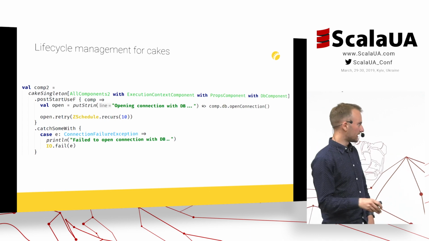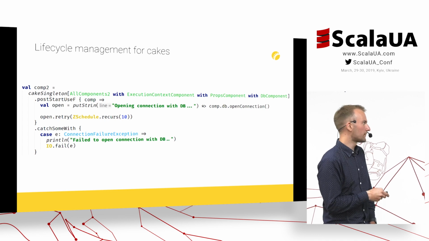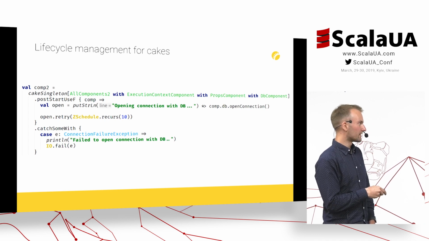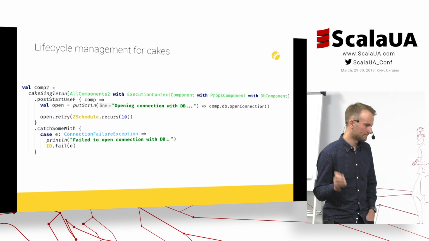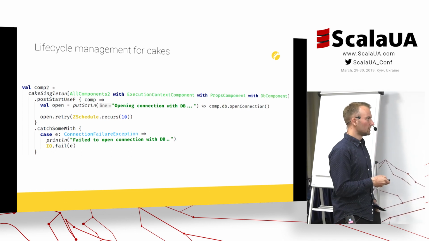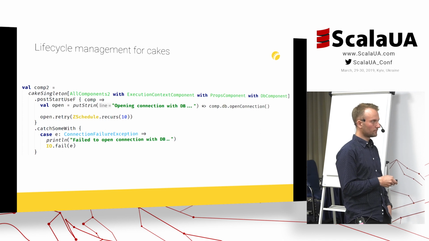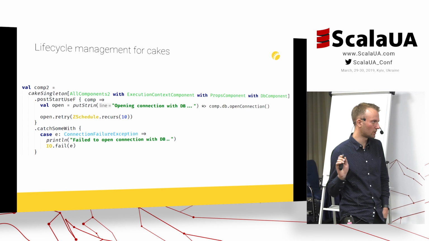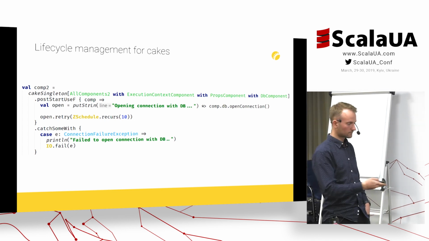It must be done explicitly. So postStart use f allows you to, for instance, open a database connection and even do some retries. Plain retries, linear, exponential. Additionally, you can catch exceptions and handle them. In this case, it just failed with println, but you can do something more meaningful.